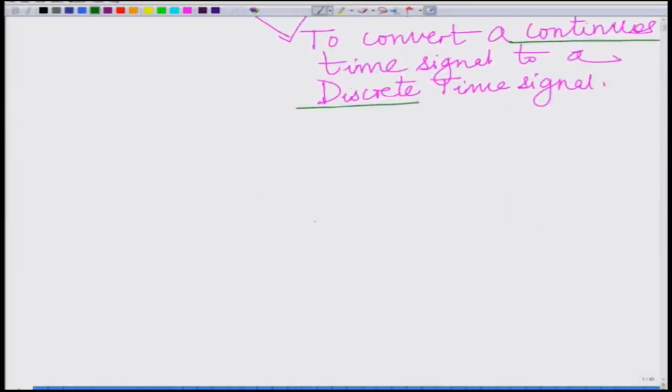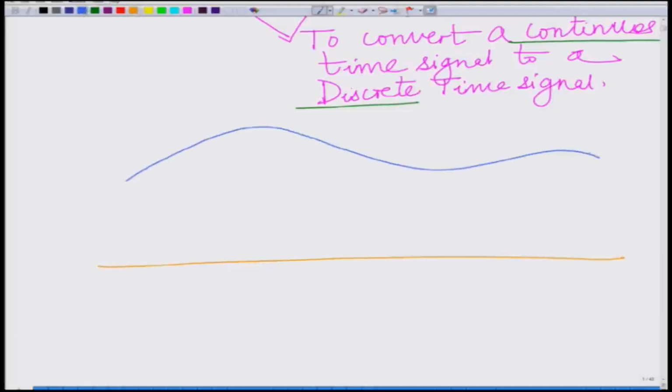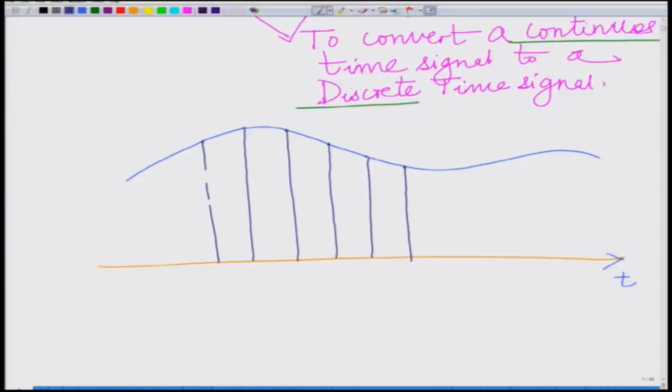For instance, let us draw a simple signal here to illustrate this point. We have this signal, which is a continuous time signal. Now, I want to sample it at certain specific discrete time instances, which are also known as the sampling instances.